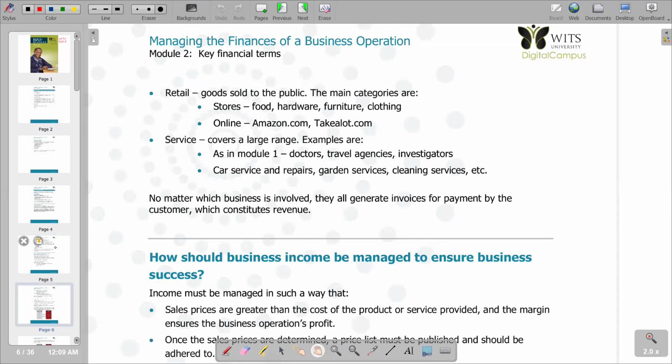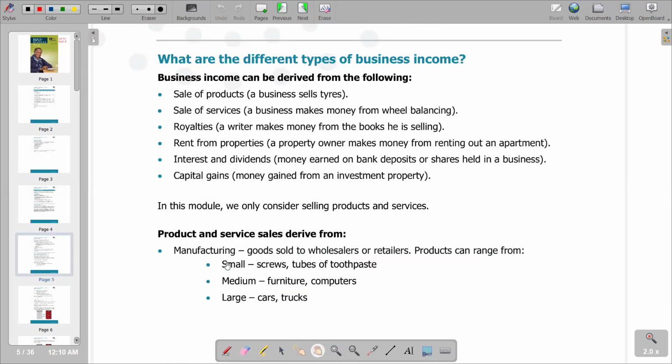What is important is to understand what we mean by a manufacturing business. A manufacturing business converts inputs into outputs, where the inputs might come in the form of raw materials, which are then processed to become final products by being manufactured.